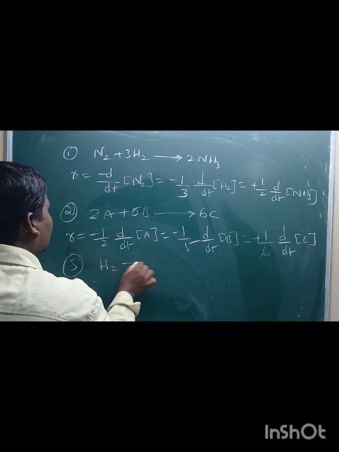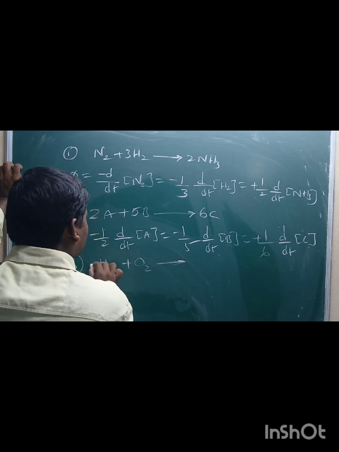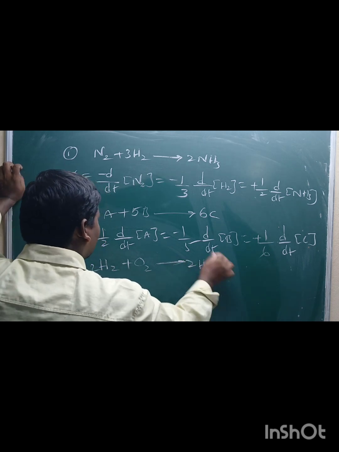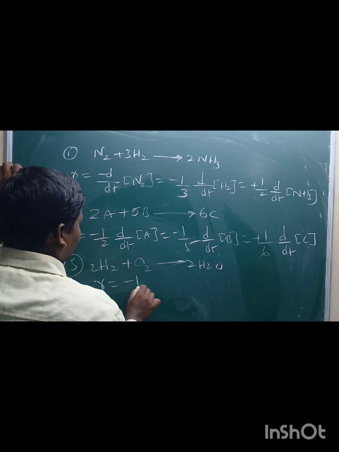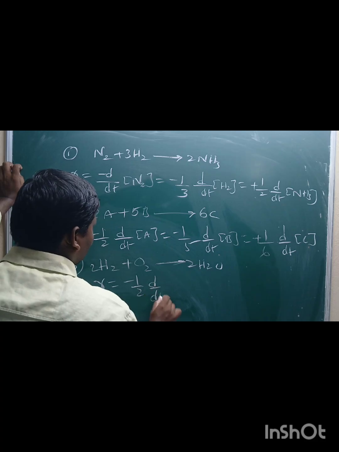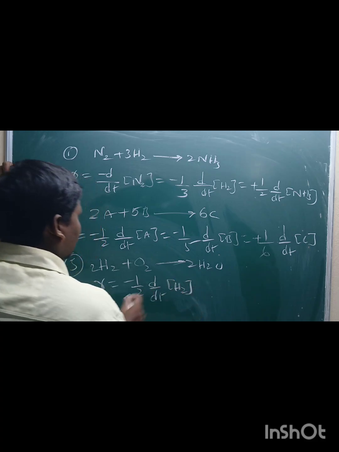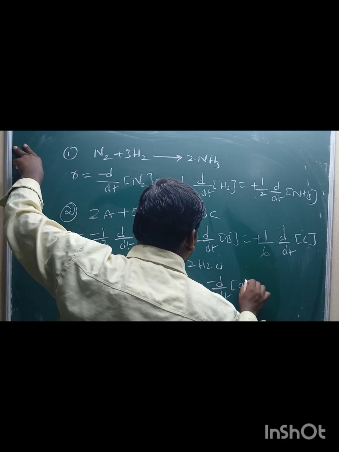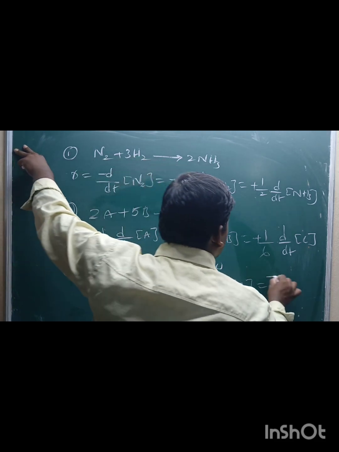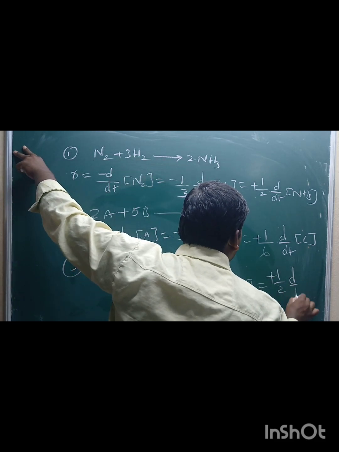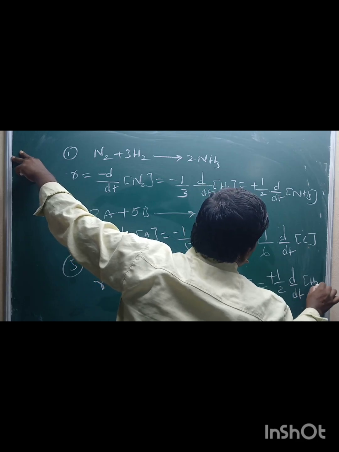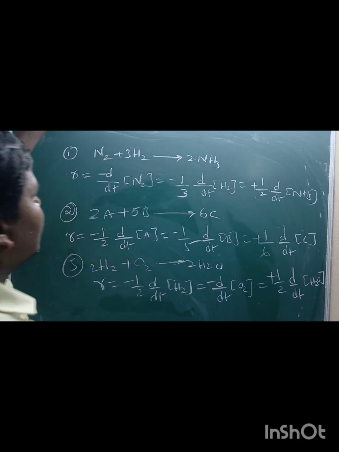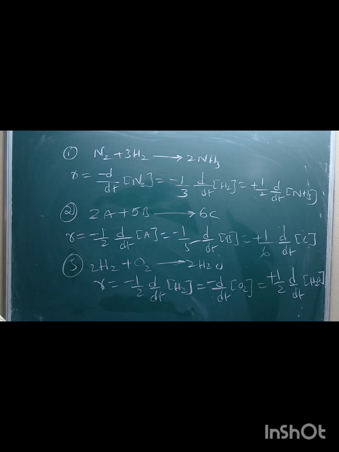H2 plus O2 gives rise to 2H2O. R is equal to minus 1 by 2 d by dt of concentration of H2 is equal to minus d by dt of concentration of O2 is equal to plus 1 by 2 d by dt of concentration of H2O. These are the various examples of how to write the rate of reaction.